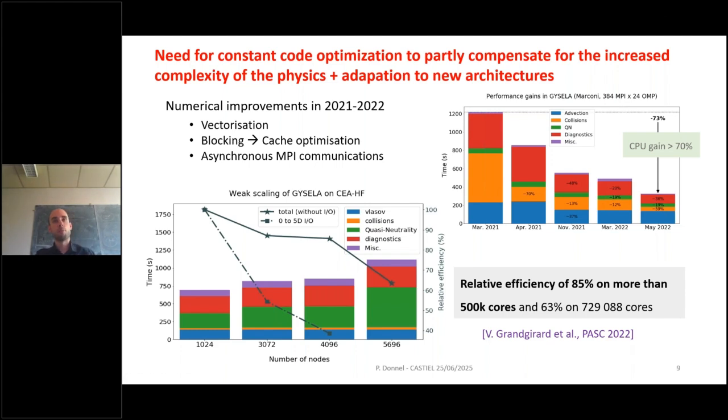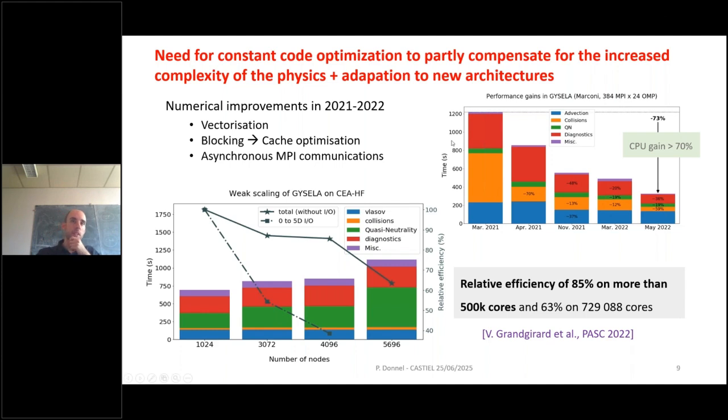Just a quick illustration of this strategy: in 2021, 2022, we made a lot of effort to vectorize the code more, to optimize cache, and to have asynchronous MPI communication. Thanks to this strategy, we have a gain of more than 70% on the execution time on the same simulation input. So it was a good success.